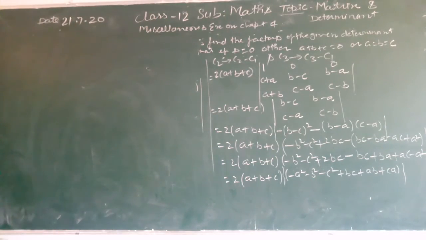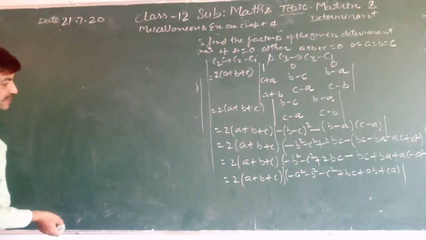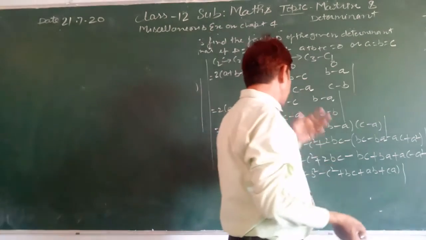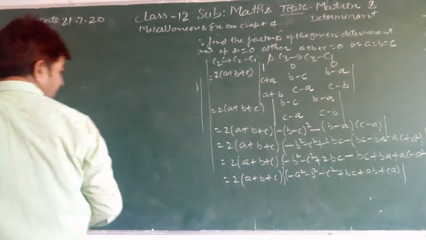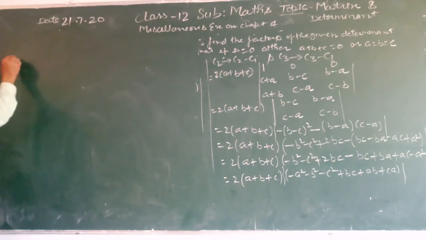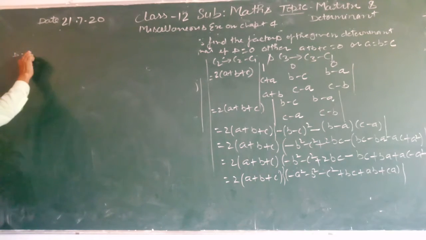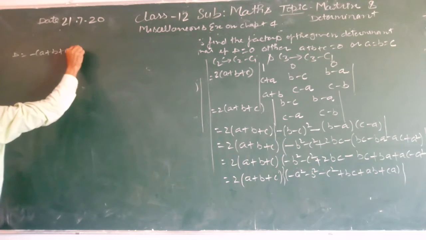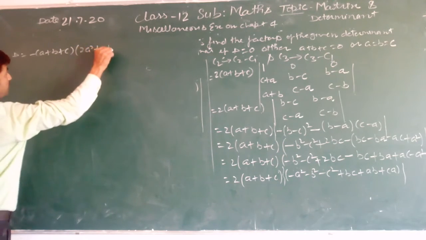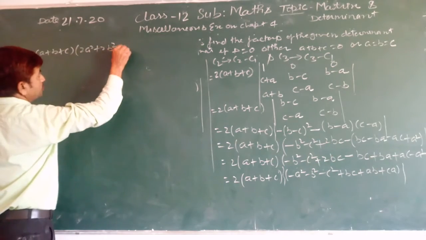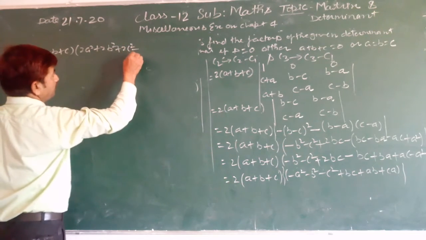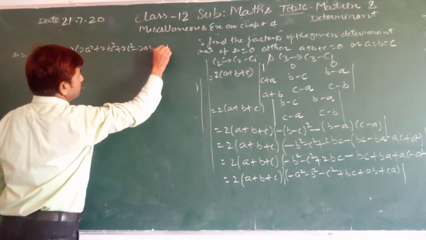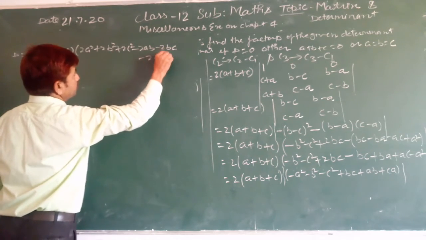Now take minus as common and multiply 2 to each term of the second factor. Then we get the determinant equal to minus A plus B plus C times twice A square plus twice B square plus twice C square minus 2AB minus 2BC minus 2CA.